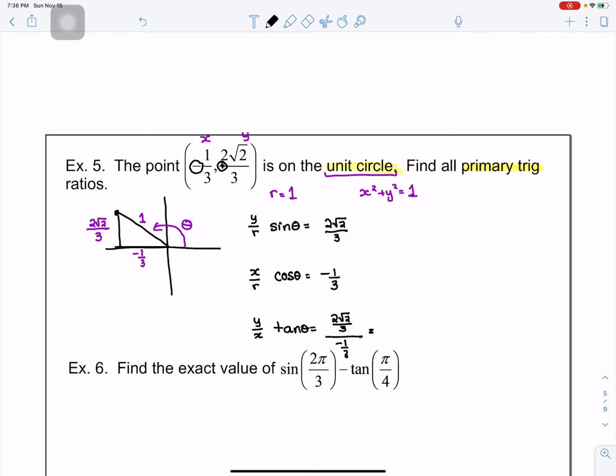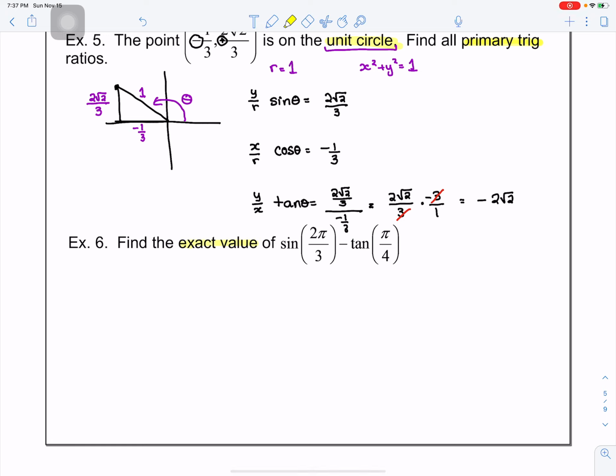You do have to simplify that by hand because you don't have a choice. 2 root 2 divided by 3 times the reciprocal of the denominator, negative 3 over 1. That's how you divide fractions. These cancel out. And now we're left with negative 2 root 2 divided by 1, which is just negative 2 root 2.